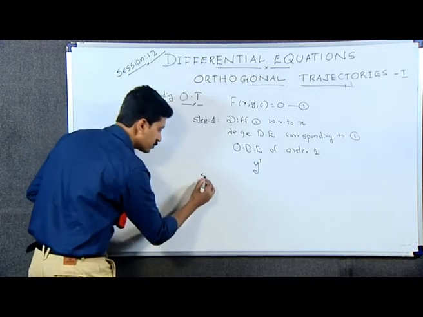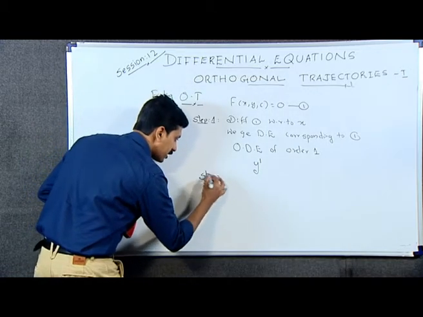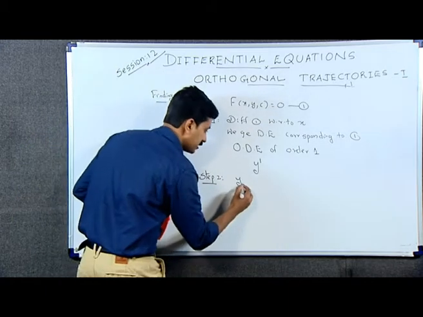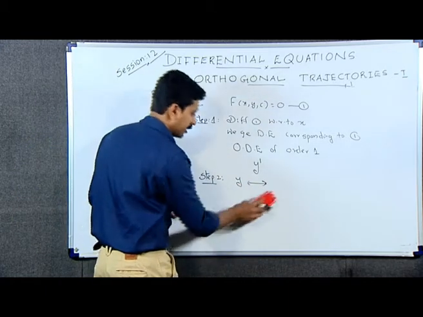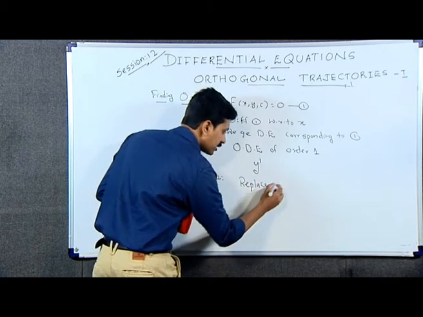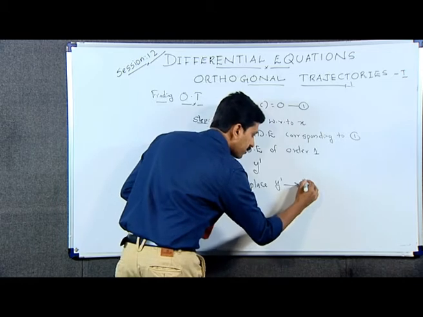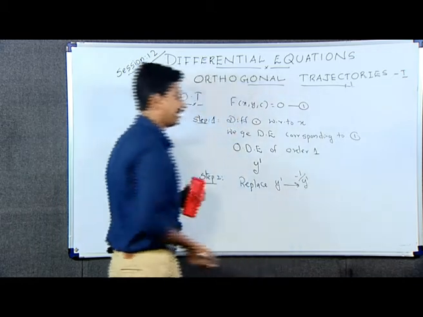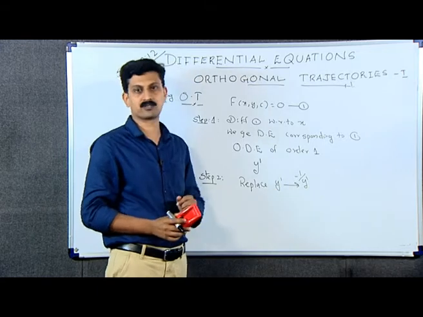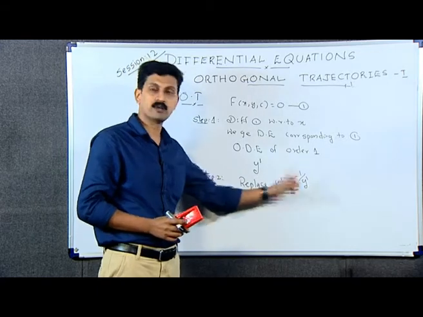Now we will move to step 2. In step 2, we replace y dash by minus 1 by y dash. Why are we replacing y dash with minus 1 by y dash?